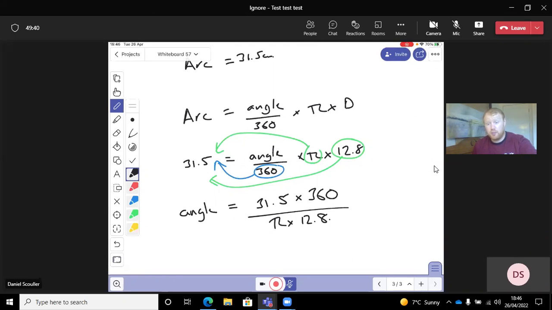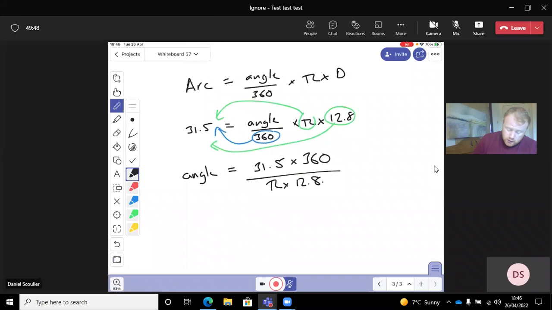Even in the calculator paper, show your working, you get a mark for that. Putting that in the calculator should come out at 282 degrees. Okay, did I lose anyone?